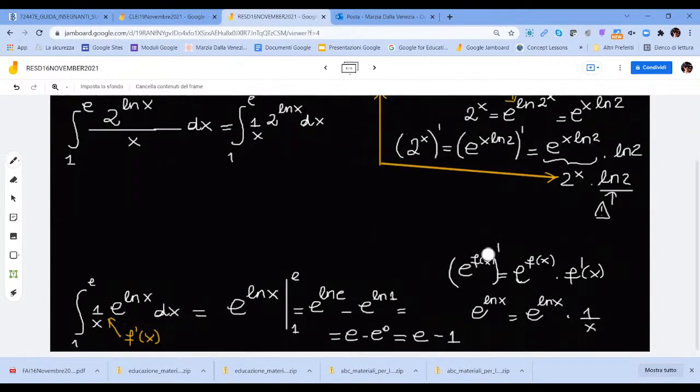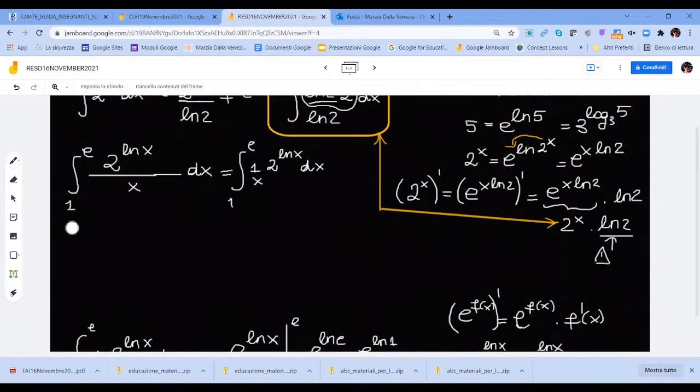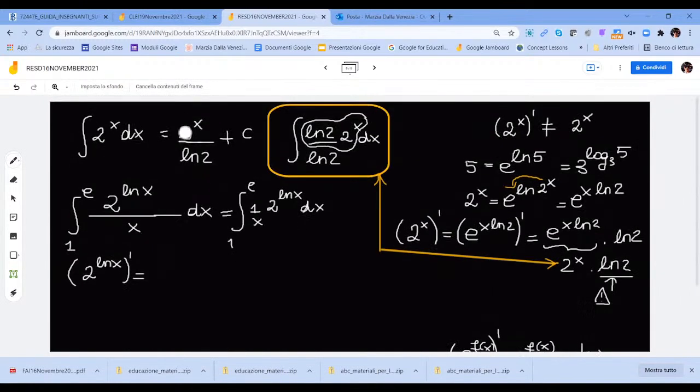It is 1 over x. But the derivative of 2 you can compute in the same way. You have a factor that will come out in the denominator, as in the computation before.